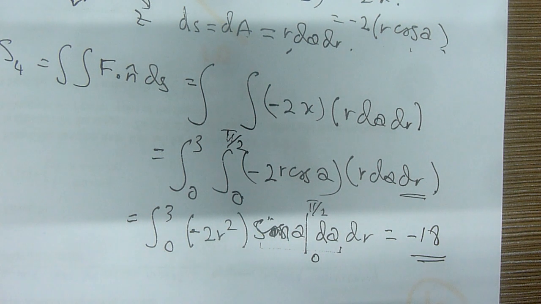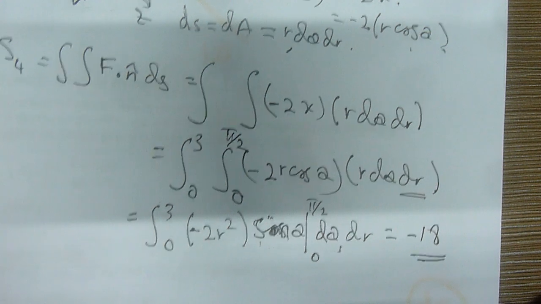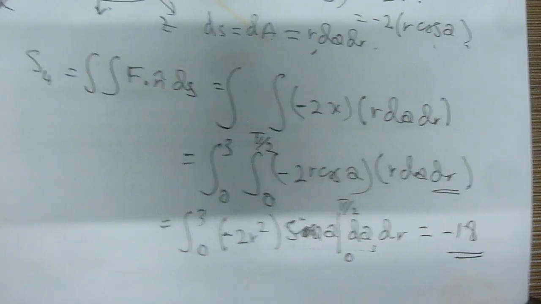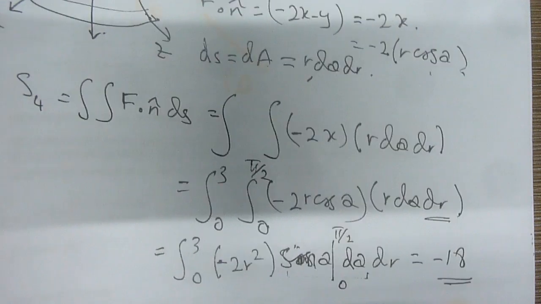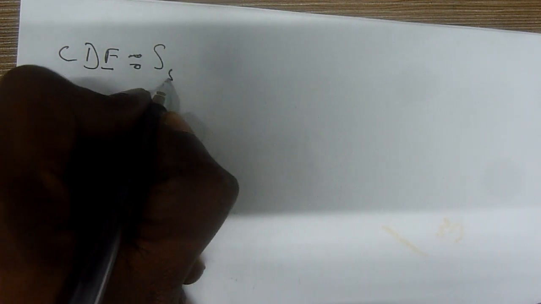I know I'm very slow, because I wanted to make sure that you follow the work carefully. Okay, done. Now we go for the final one, CDE. On top of that, we call this S5, right?